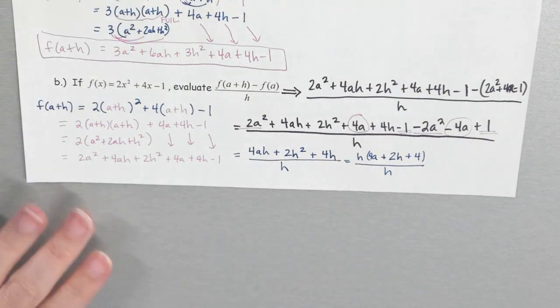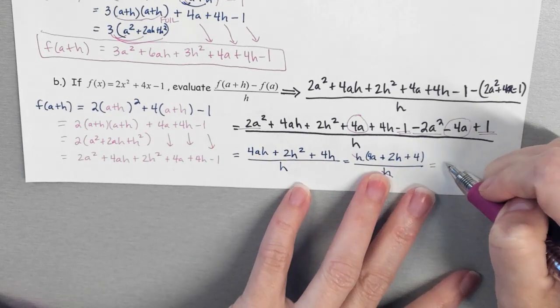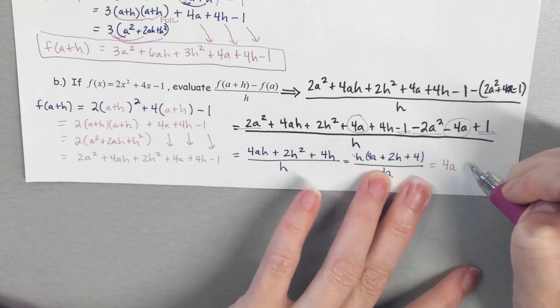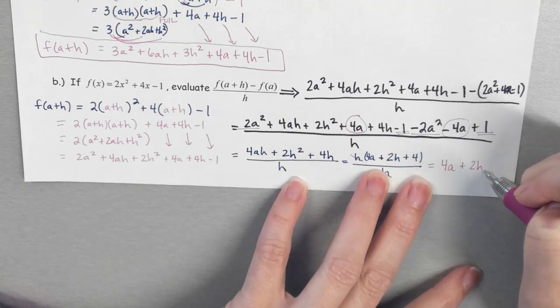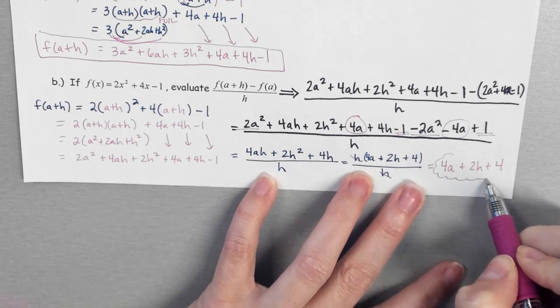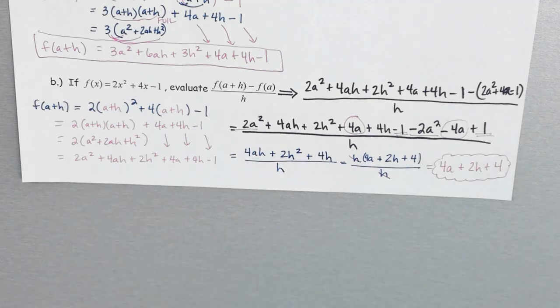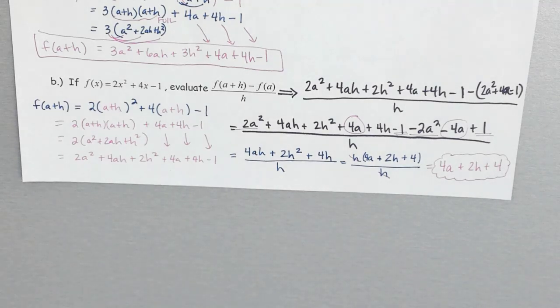And the reason why you want to factor that is so you can cancel these out. And then you can write your final answer as 4a plus 2h plus 4. Okay, you don't have to leave that in factored form, so you don't have to take out the GCF. 4a plus 2h plus 4.